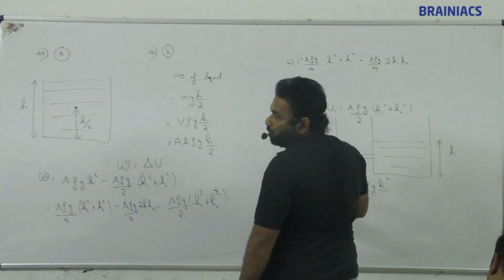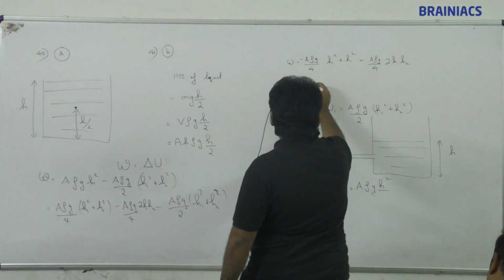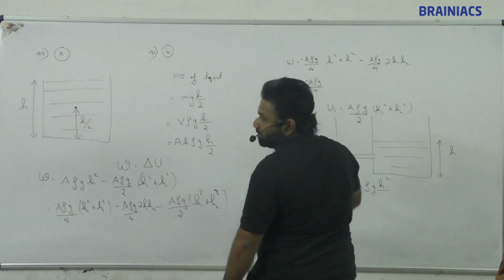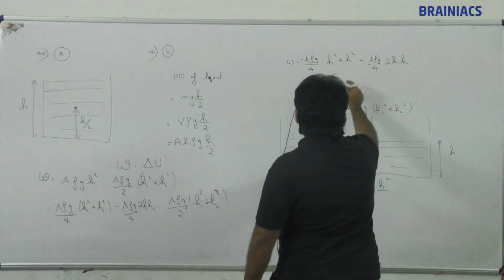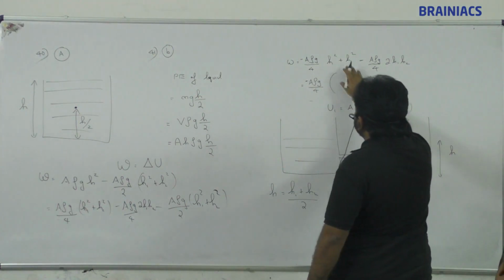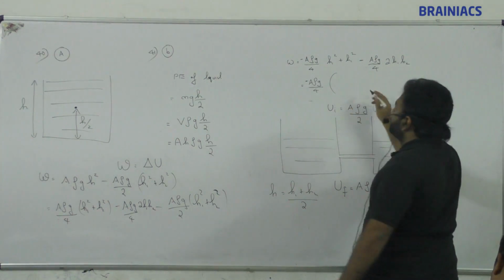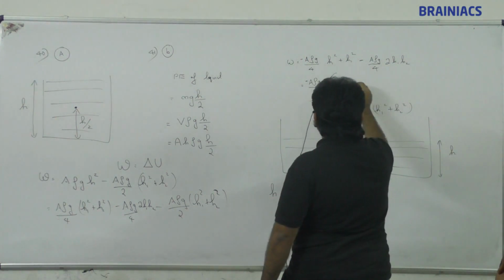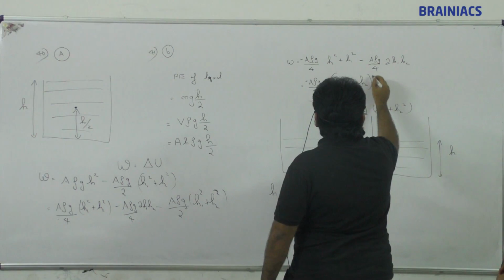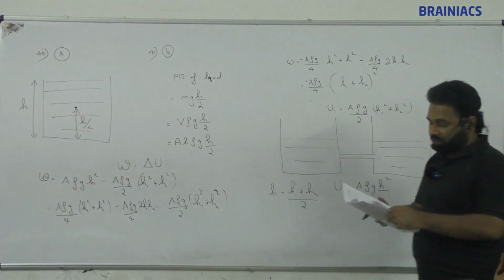Now what we are going to do is, we will take this one outside, a rho g divided by 4, minus will take outside, and what is remaining, h1 square plus h2 square plus 2 h1 h2. So can we write this one as h1 plus h2 the whole square? Such an option is there or not?